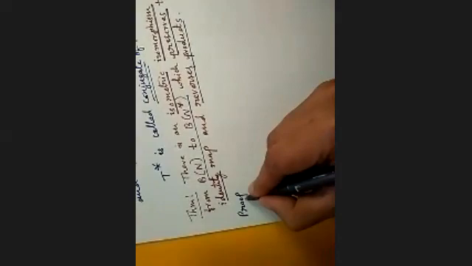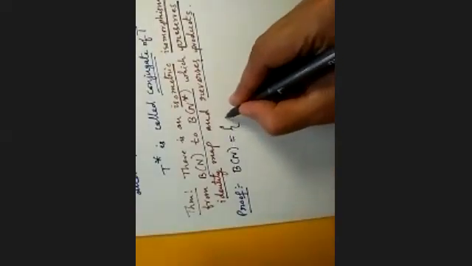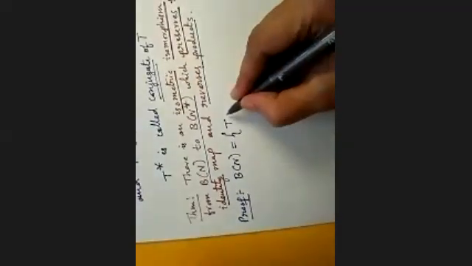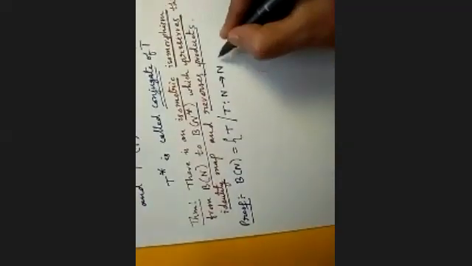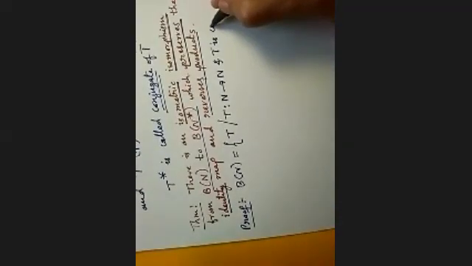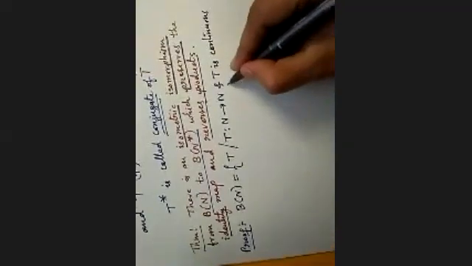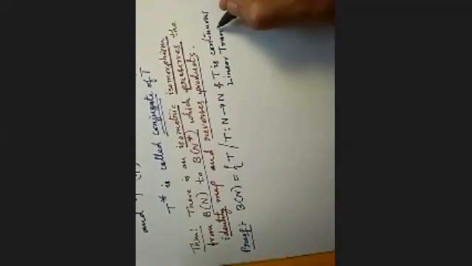What is B of N actually? B of N contains all operators T. What is T? T is from N to N, and T is a continuous linear transformation.